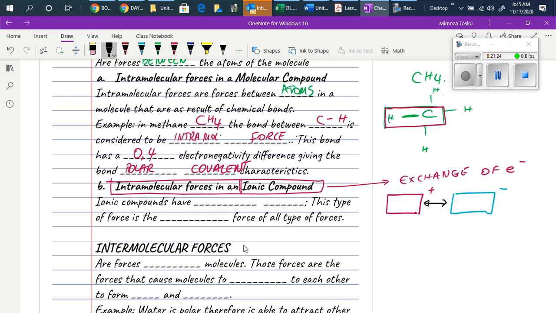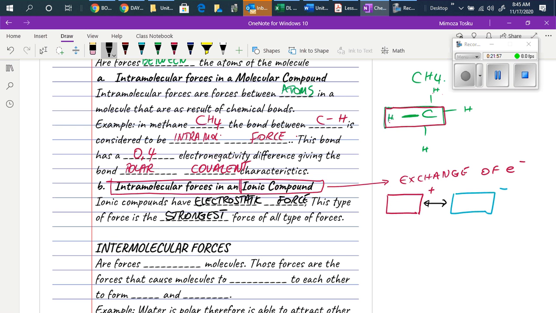Okay, so in the ionic compound, the intramolecular force that is keeping this compound together is the electrostatic force. This type of force is the strongest one, the strongest type of force of all the forces that we will discuss.